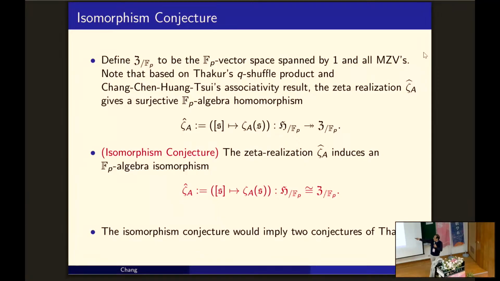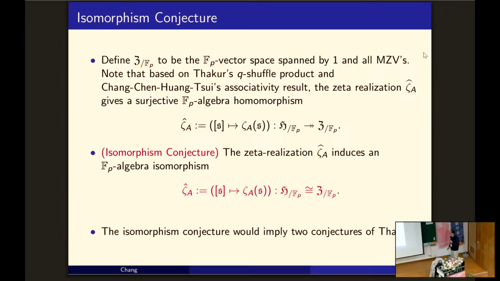We can map this index to the zeta value, but now both sides are over F_p, and again this is an F_p-algebra homomorphism. So here is the main conjecture: this should be injective. Namely, this map over F_p is an isomorphism.